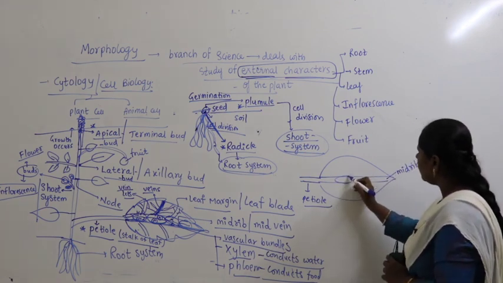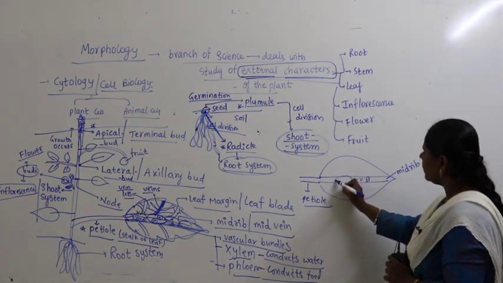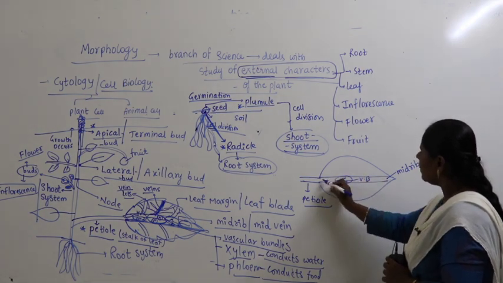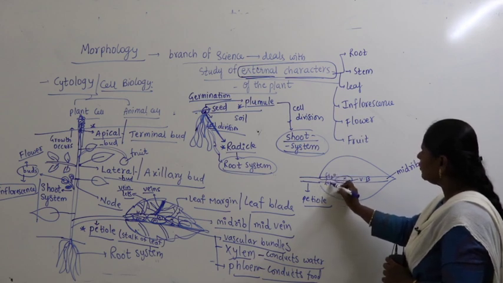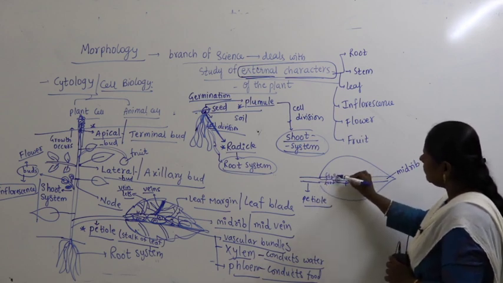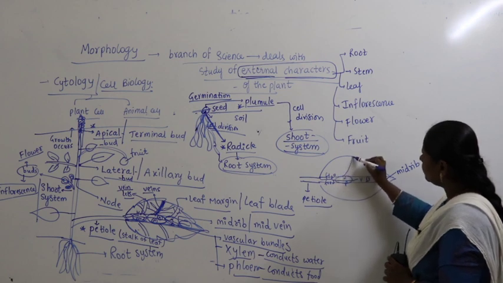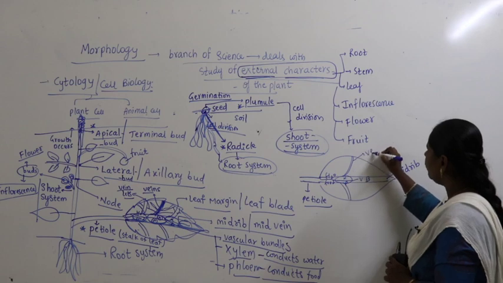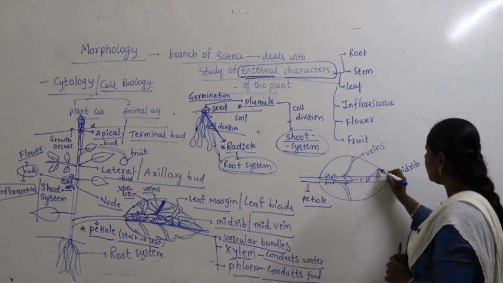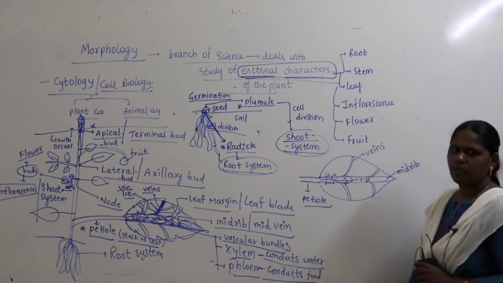The midrib contains the vascular bundle. Inside, xylem and phloem are there. Xylem conducts water and phloem conducts food. Xylem supplies water to the parts of the leaf through veins. So these are called veins.